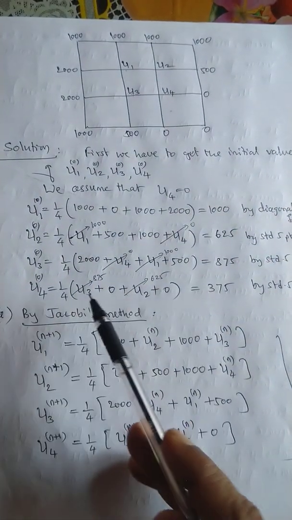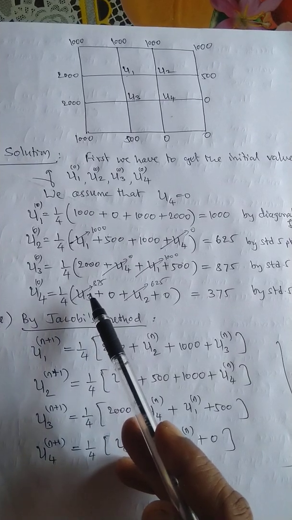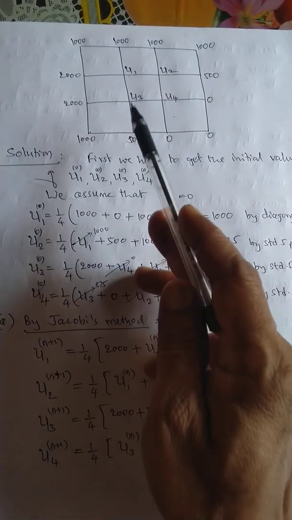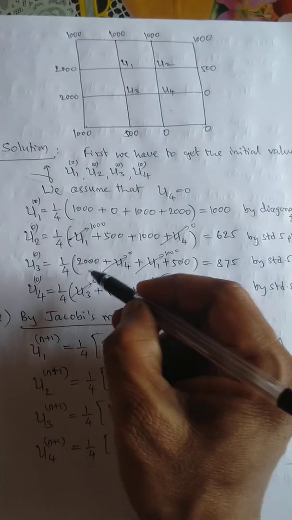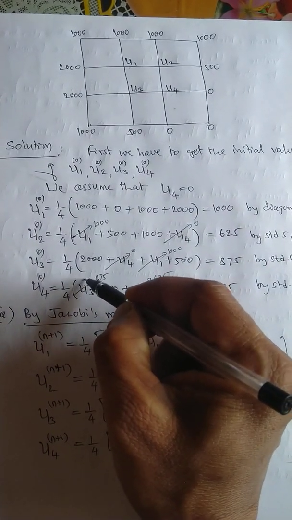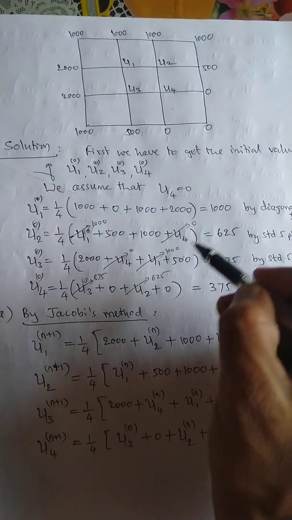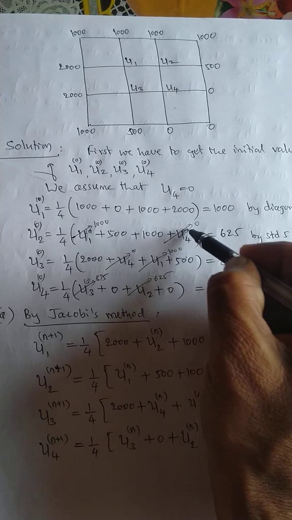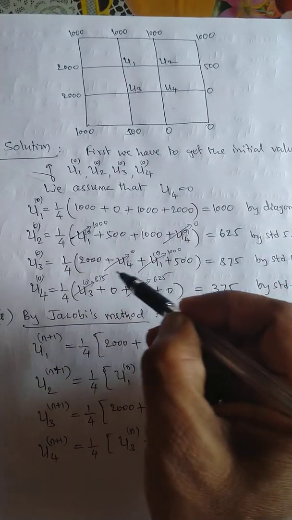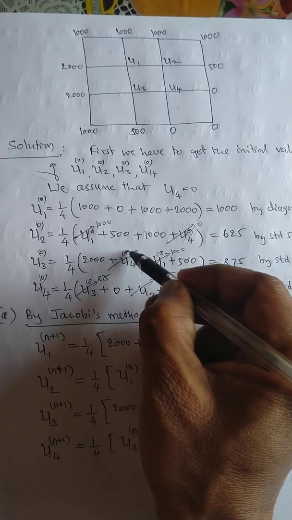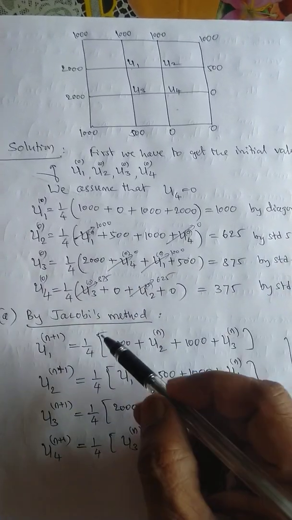Here we can write U1 naught, U4 naught, U3 naught, U2 naught initial approximations.